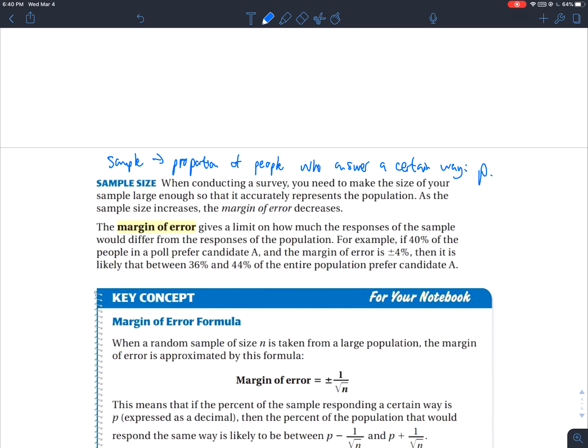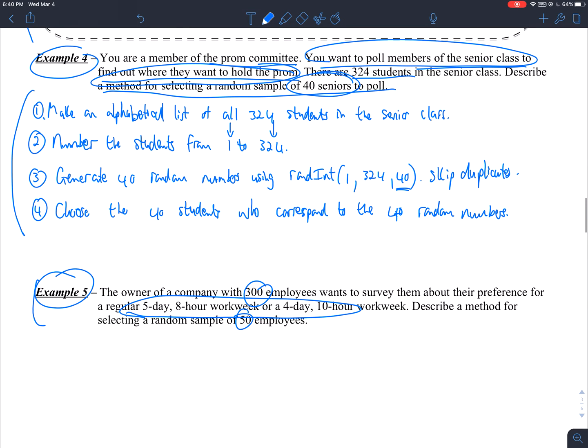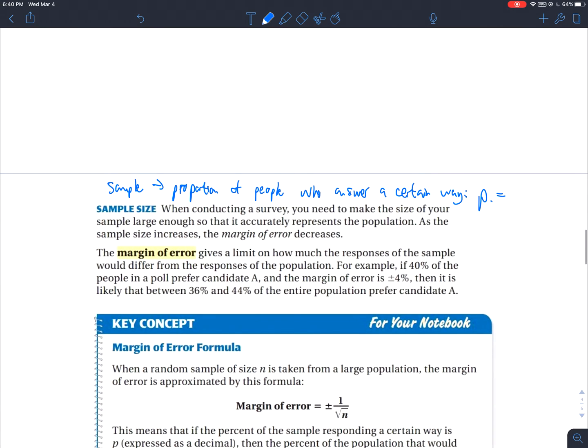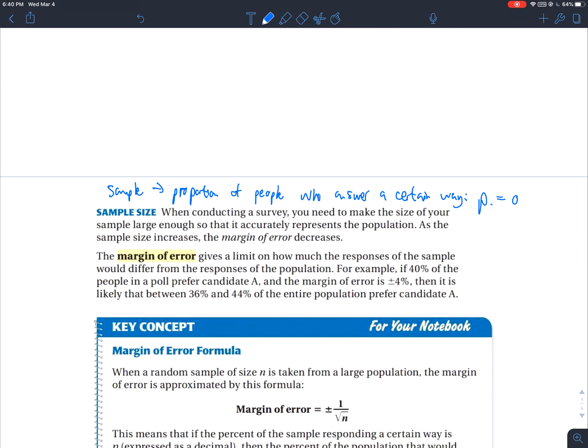Let's make up a number. Let's say we ask the seniors who wants to hold the prom, I don't know, at the Hyatt or something. And let's say 30% of the students, so 0.3, say they want to go to the Hyatt for the prom. This is a proportion I get from my sample.